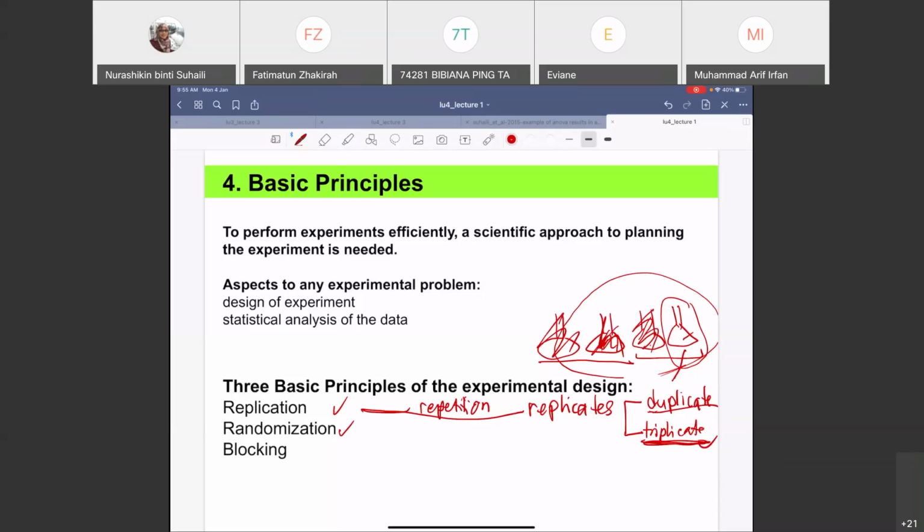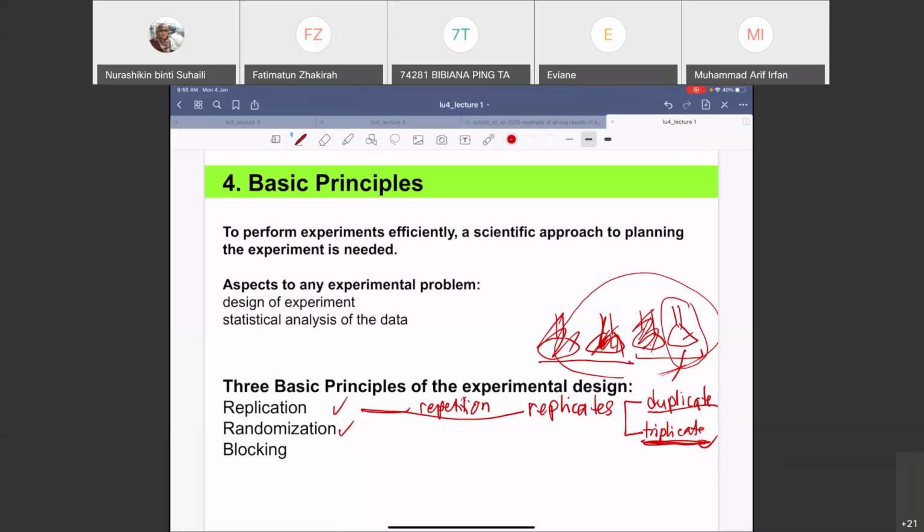And year 2 comes to year 2 across the programs. So that is blocking. Let's say your object of study is to compare among programs, but you put the blocks, year 1, year 2, year 3, or male, female, something like that.